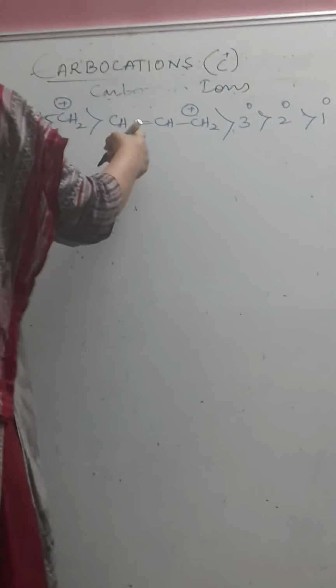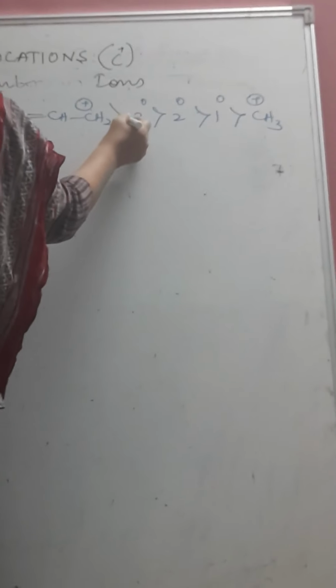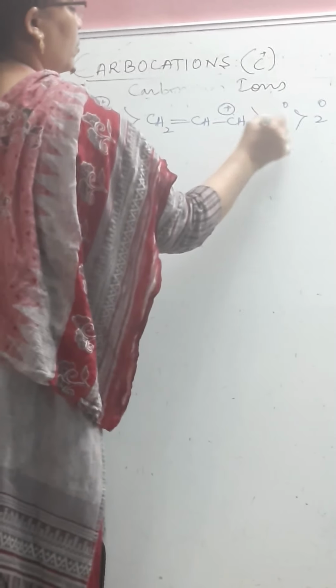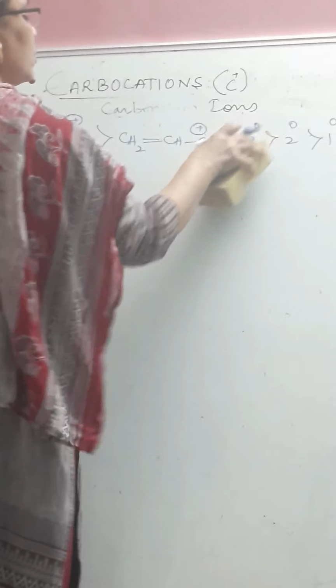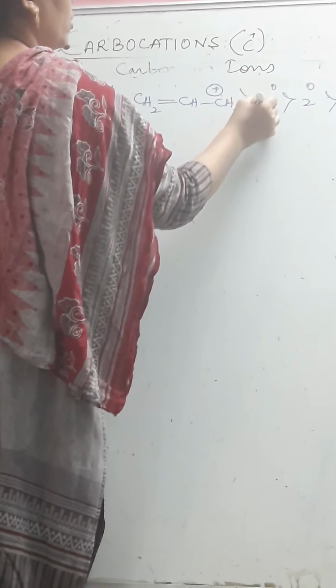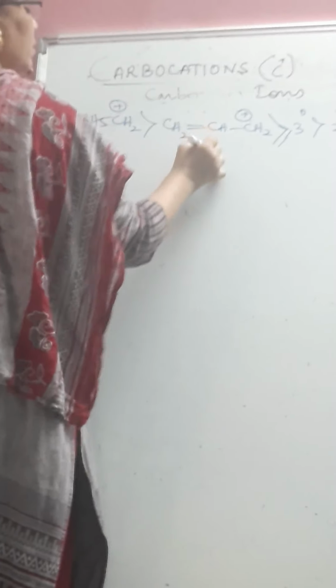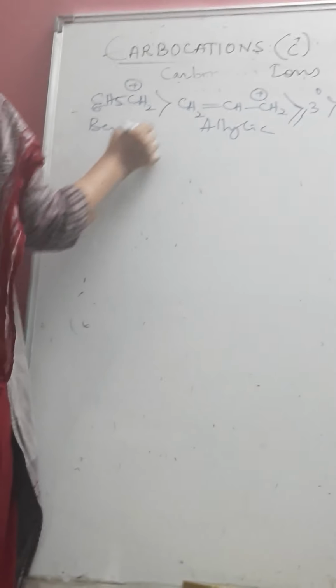One point I will tell you: allylic and tertiary are almost greater or equal. Both are possible. Tertiary carbocation is equal to or less than allylic. This is allylic and this is benzylic.